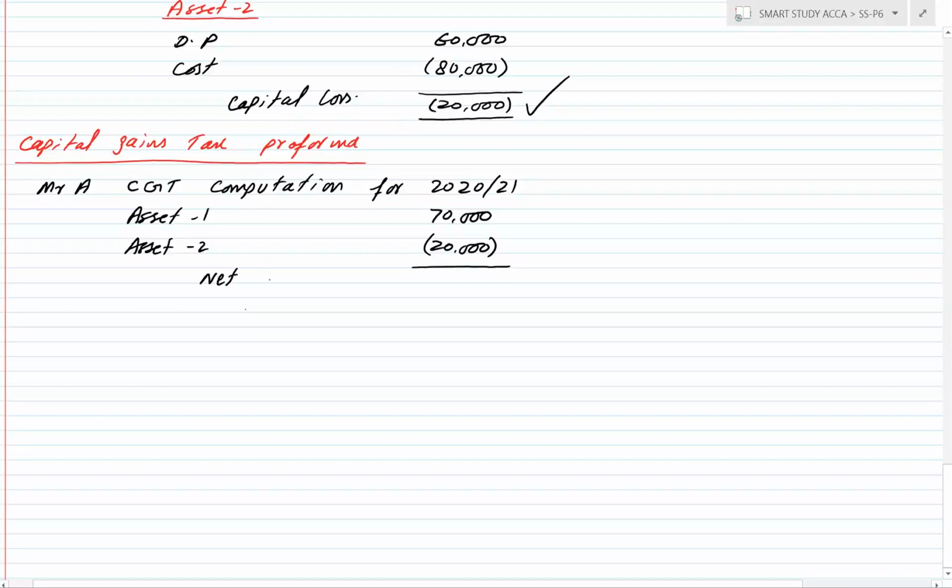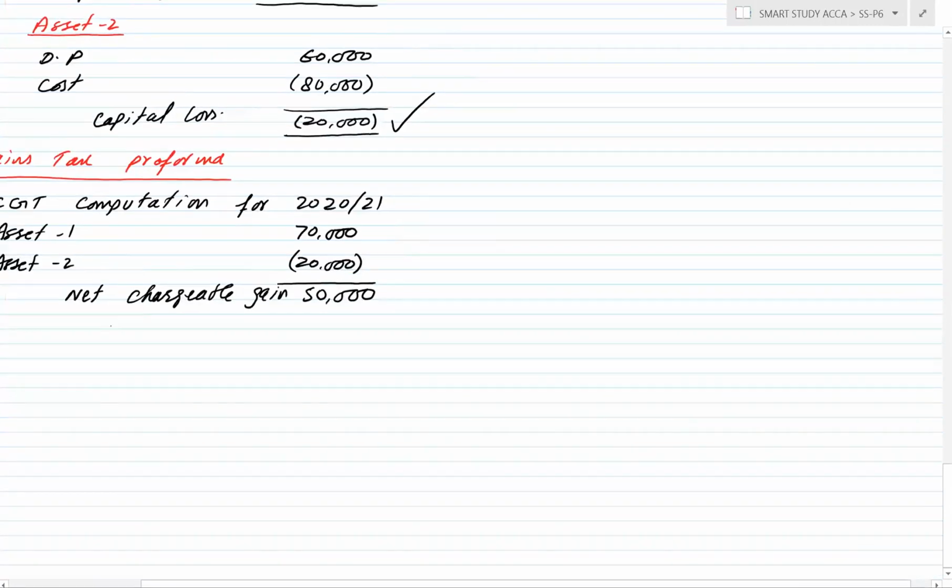It is called net chargeable gain. So in this way, we will calculate gains and losses for all of the assets, and then in the main capital gain tax pro forma, we will net off these gains and losses. We have a net chargeable gain of 50,000 pounds.